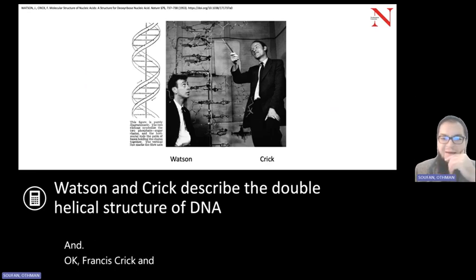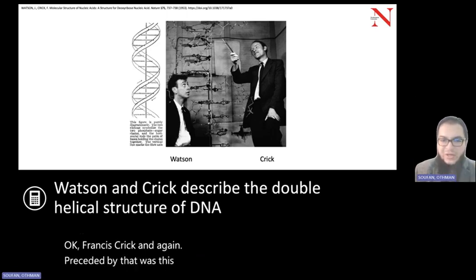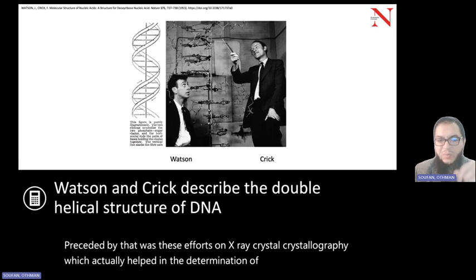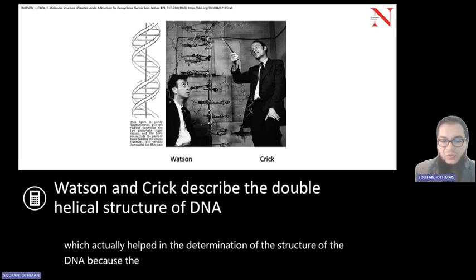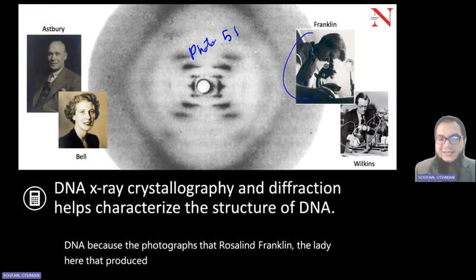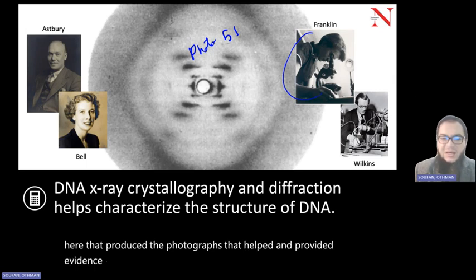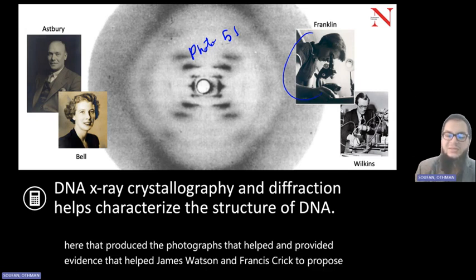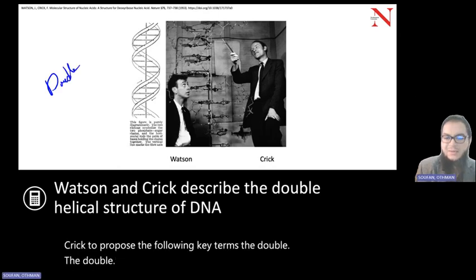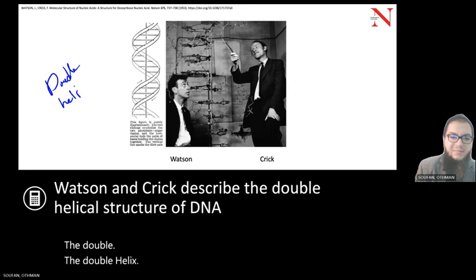Preceding that were these efforts on X-ray crystallography, which actually helped in the determination of the structure of the DNA, because the photographs that Rosalind Franklin, the lady here, produced provided evidence that helped James Watson and Francis Crick to propose the double helix model of DNA.